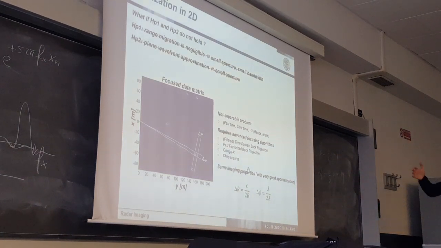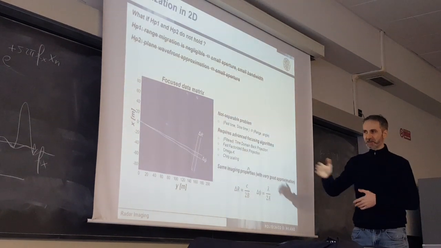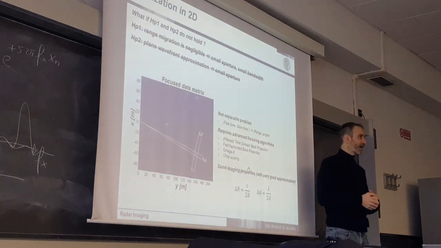Okay, so what is very important is that the imaging properties will not change. So at this point, you should be able to focus an image if the signal has been acquired under this simplifying assumption.